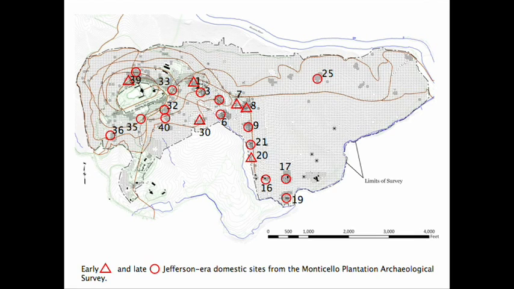I cannot pierce Gary's eye with the laser. So the mountaintop, and then the long stretch down to the Rivanna River, and the area where many other slave dwellings were located. So just a reminder that the mountaintop is not all there is. Okay, you can next slide me if you want.